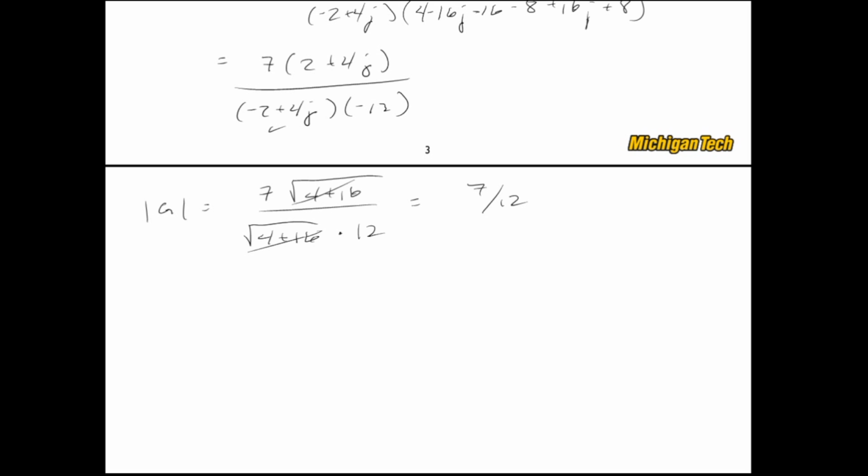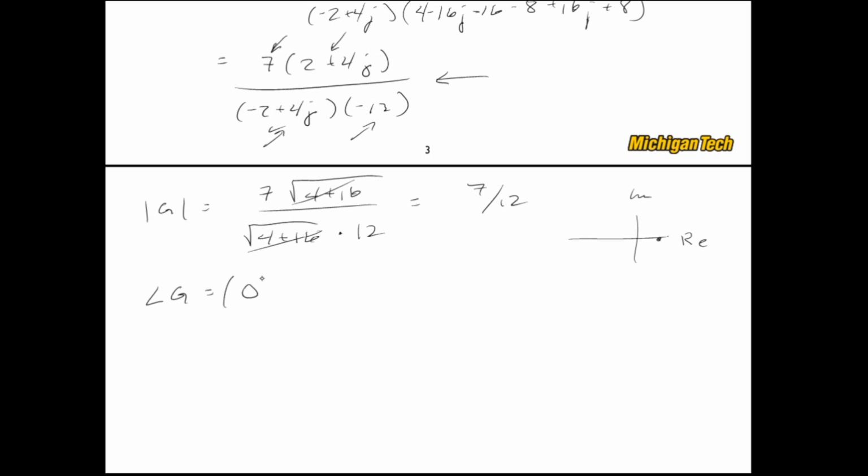Now let's go ahead and do the phase of g. So the phase of g, we have to be a little bit thoughtful here. We're working with this transfer function. What I'm going to do is treat each one of these terms, all four of these terms, as if they're complex numbers. So if I look at 7, if I were to sketch a little picture of what 7 looks like in the complex plane, it's sitting somewhere over here, and its phase angle is 0.